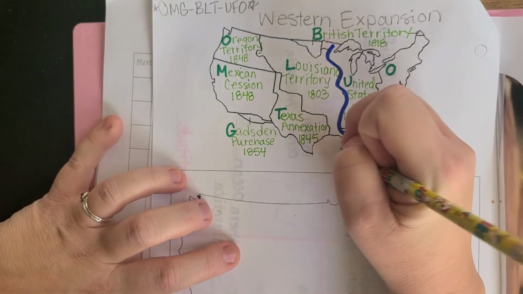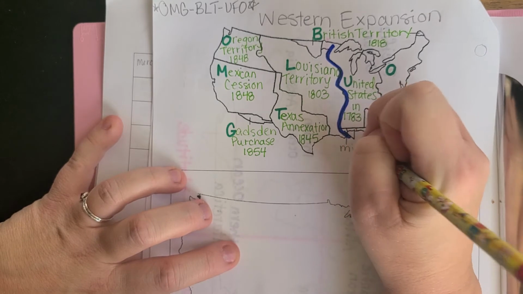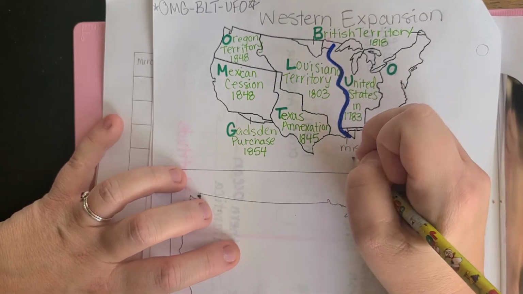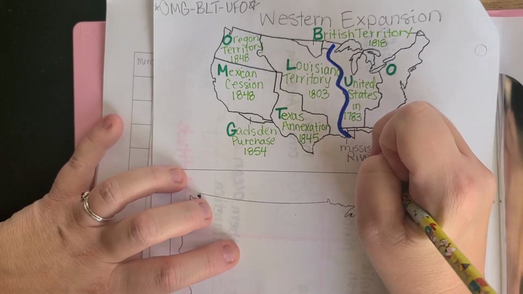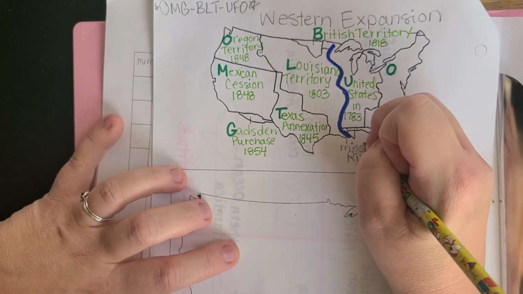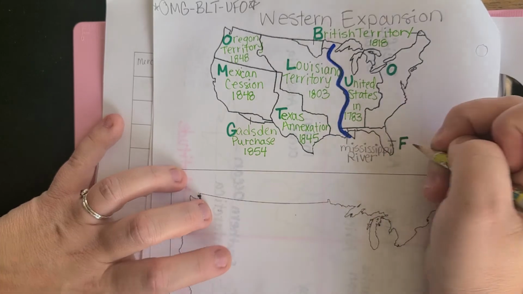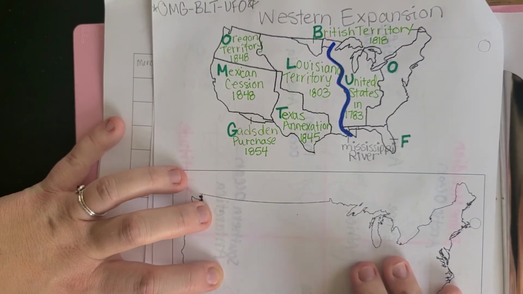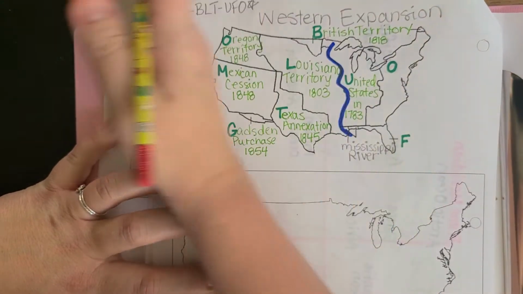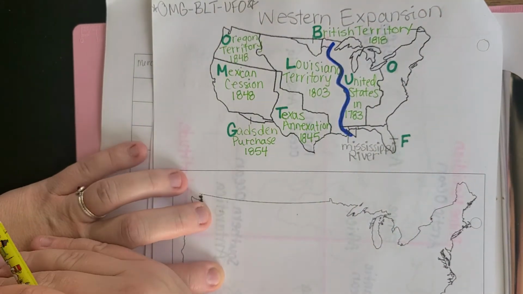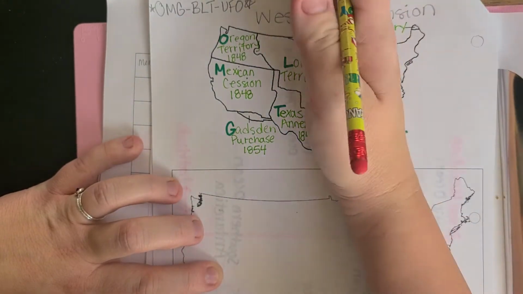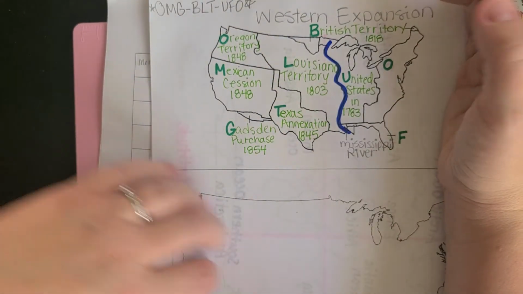This is still today the Mississippi River. If you were going to go west, son, the first thing that you would do was cross the Mississippi River, and that's how you knew that you were in the Wild West, because anything west of the Mississippi is the western United States, and anything east is the eastern United States.